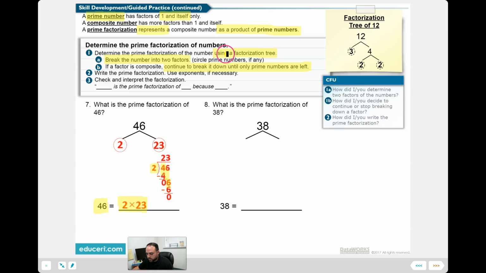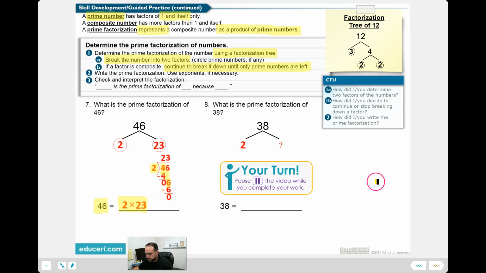Read. 38 is given to you with the first two arms of the factorization tree. Follow the example from problem 7, knowing that 2 and some number will work. Find what number times 2 equals 38.